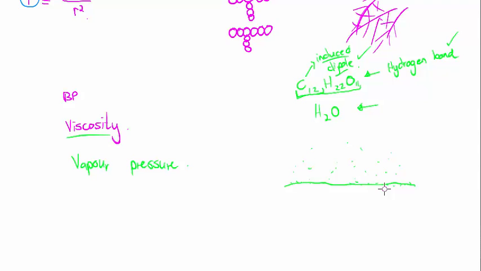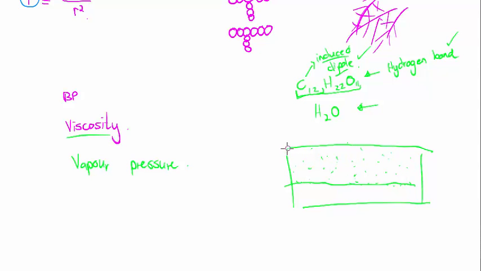Now vapor pressure has to do with, let's say we were to close this in a container, it will still cause vapor, and because it causes vapor, the gas part takes up more space than the liquid part. So when it escapes, it causes pressure in that container. Do you understand? Because it's now taking up more space than it did when it was still liquid. Makes sense? So that's causing pressure.